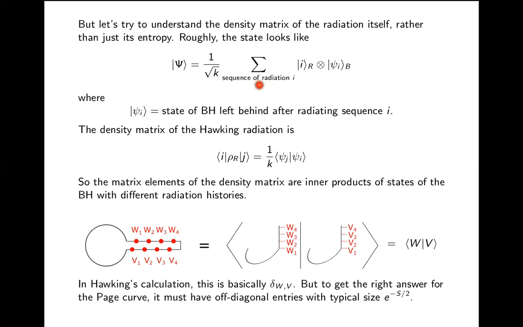We're summing over possible states of the Hawking radiation. So let's say this state describes the black hole after it's emitted 100 Hawking quanta. So the total state of the system will be a sum over the states of those 100 Hawking quanta, tensor product with whatever state of the black hole is left over after you've emitted that particular set of Hawking quanta.